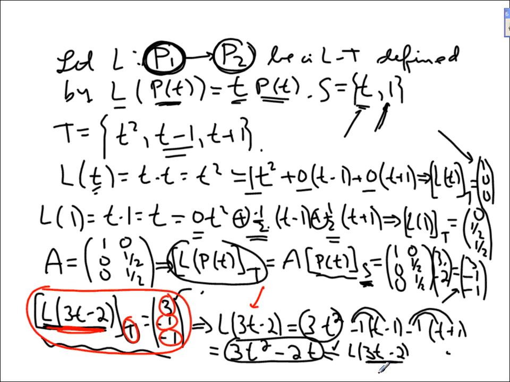This here was the first vector in T, t minus 1 was the second vector, t plus 1 was the third vector, and I multiply them by 3, negative 1, negative 1. The coordinate vectors. And I got the right answer. I got 3t squared minus 2t.